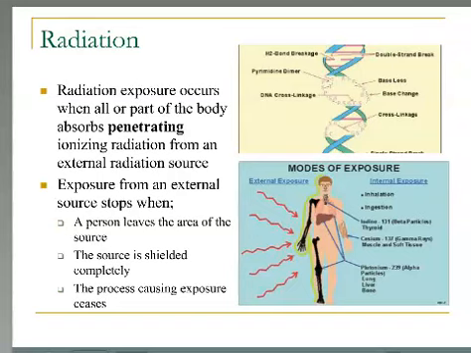It's constantly kicking off pieces of itself. Maybe it's a neutron, maybe it's a proton, maybe it's an electron, but the atomic structure of that atom is not stable. And so it's constantly changing and losing pieces of itself as it changes.